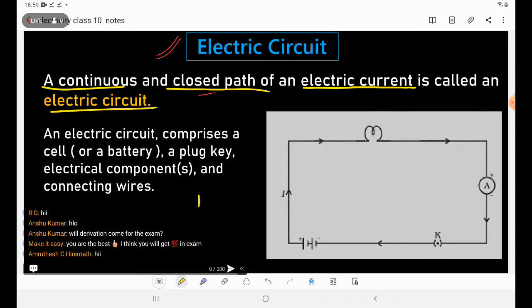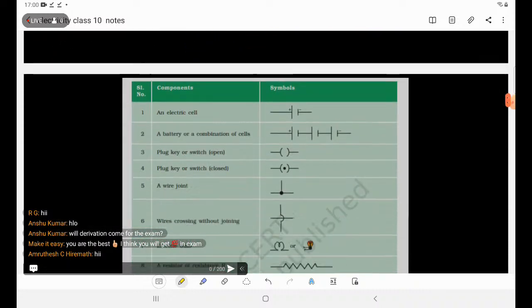We can represent an electric circuit in a schematic way, that is, a simple drawing, and we may be asked to draw this in an exam. Even if they give simple problems, just draw this, because it may carry half marks, and if you don't draw it, you'll lose them.